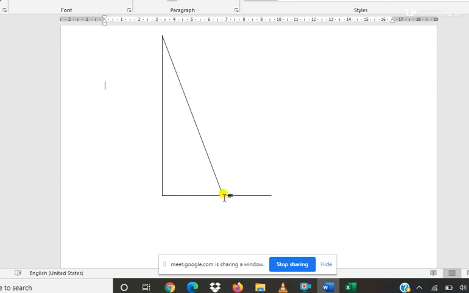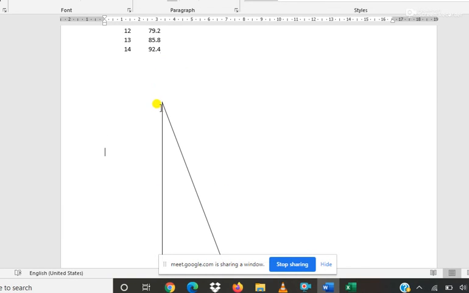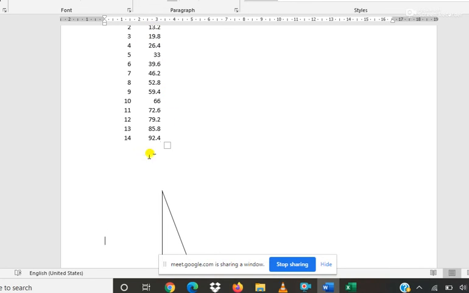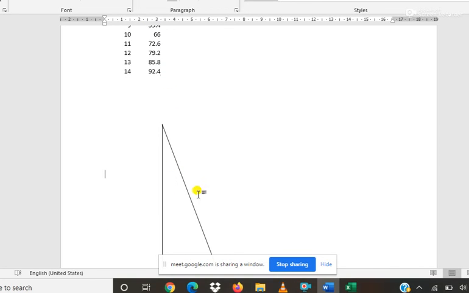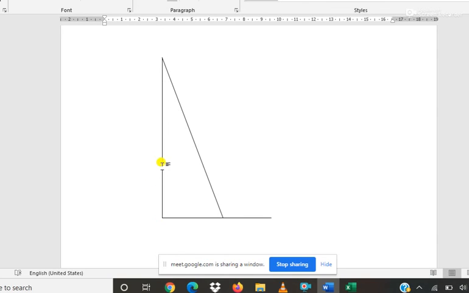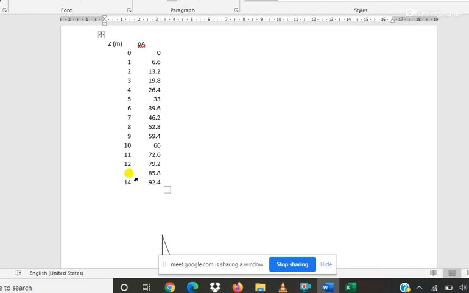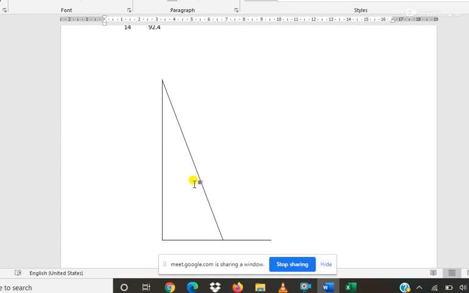Starting from the surface this is 0, and all these values are actually these horizontal lengths. Like you all know the plot of different points with some values like this. These points are representing all these values. This is actually the earth pressure diagram.